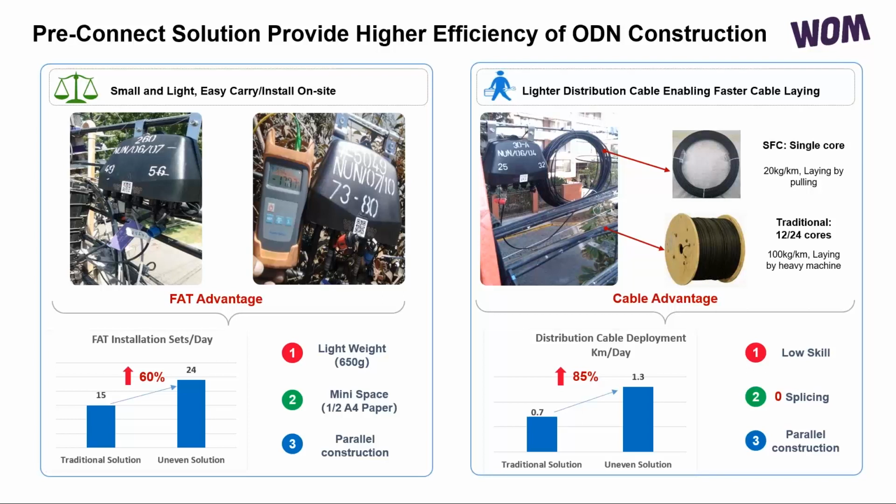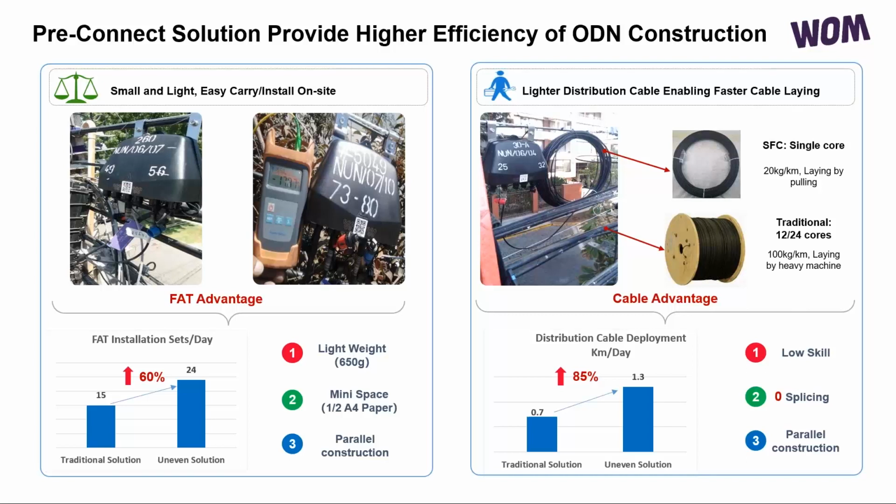We have verified that a full pre-connection solution can indeed help us build efficiently and reduce manpower costs, mainly because most boxes of this solution do not need splicing inside. The box can be made smaller and lighter.